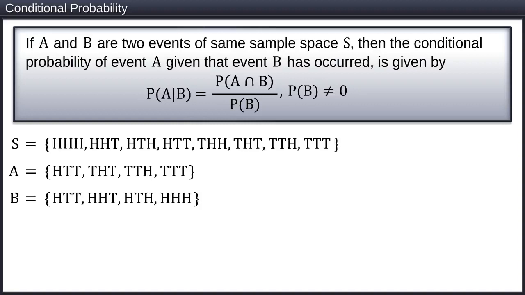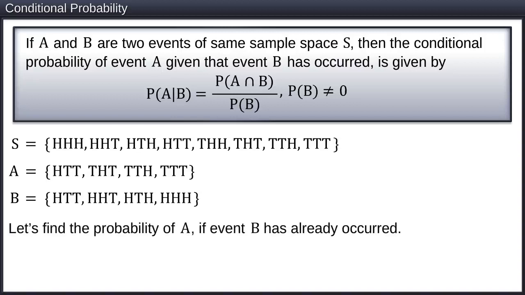Let's apply this result to find the probability of the previous experiment in which the sample space and events A and B are given as shown. Here, we need to find the probability of A if event B has already occurred.